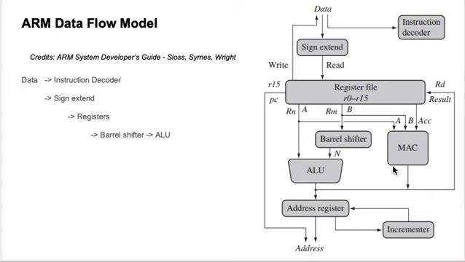For instructions and further execution, the output from the ALU and MAC is given to an address register, which is also incremented by the incrementer so that the execution can proceed to the next execution address. And this is essentially the pictorial description of the ARM data flow model. Now we will look into the details of each of these executions.